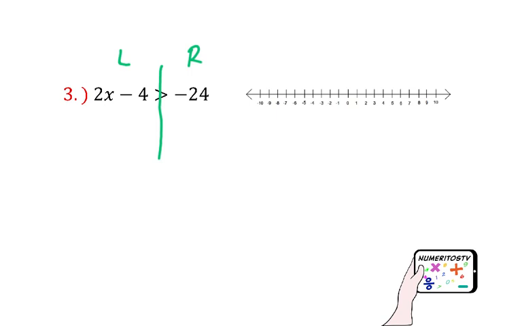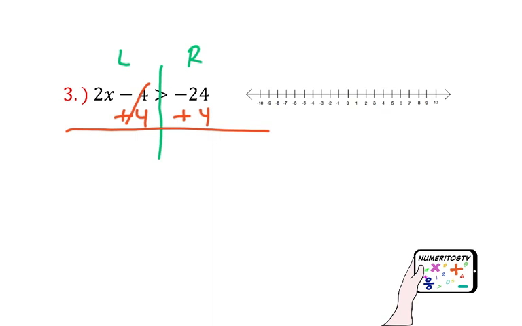So I need to get rid of the 4 first. If it's minus 4, the inverse operation will be plus 4. That will cancel out those 4s, but whatever you do to the left, don't forget to do the same to the right. So I am going to add 4 to the other side.